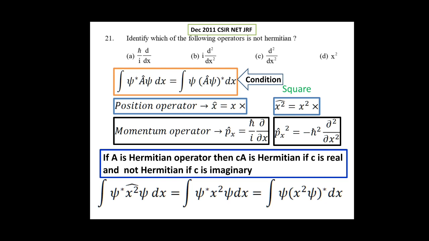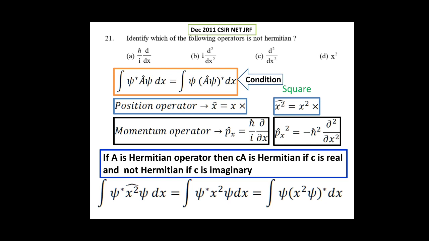The momentum operator is a Hermitian operator, and the constant is a real number, one by minus h cross square. So del square by del x square is also a Hermitian operator.